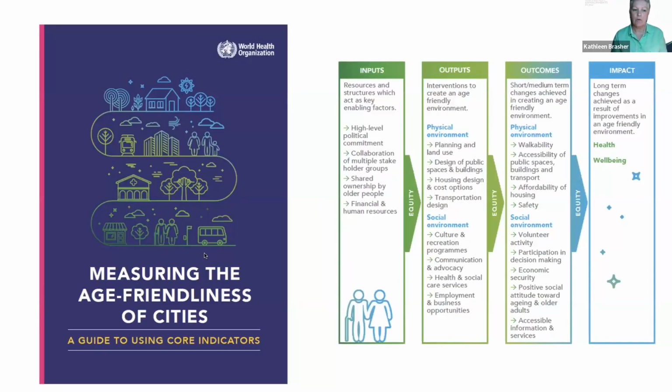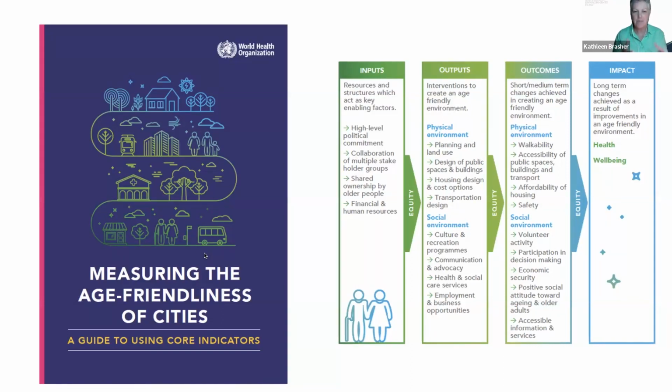So the WHO have published a guide on how to measure the age friendliness of cities and the use of core indicators in that work. And they've also given us another way of presenting a program logic that this time includes the resources and the interventions or the actions, as well as the goals or the priorities, and the vision.